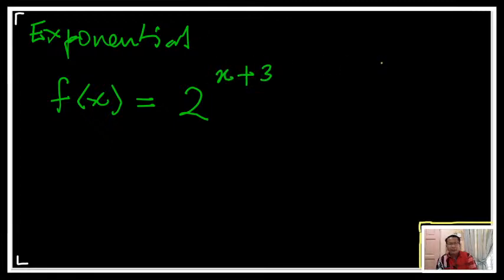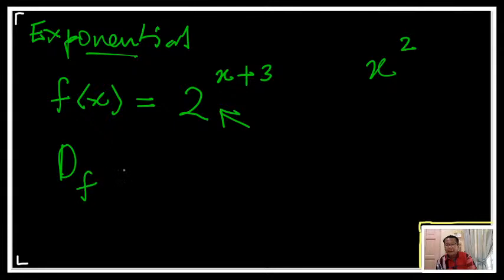Normally you have x squared, but for an exponential function, you have the constant here and the power is x. This is quadratic, this is exponential. So the domain of f for an exponential function is always R.